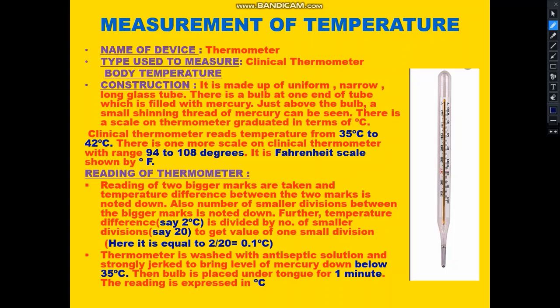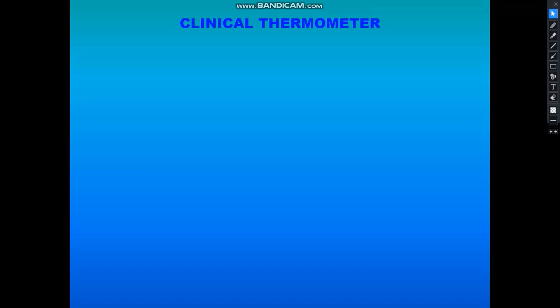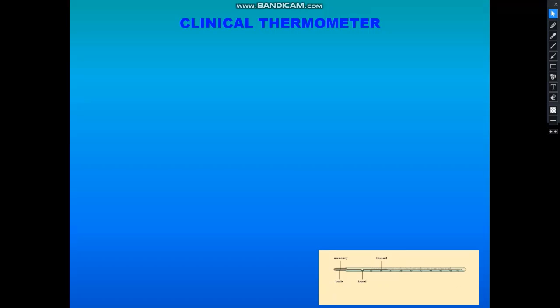Now, in the forthcoming slide, we will have a few more details about the clinical thermometer. Let's have some more idea about the use of clinical thermometer. Here in this particular diagram, again we are showing the clinical thermometer, but with slight additional information.